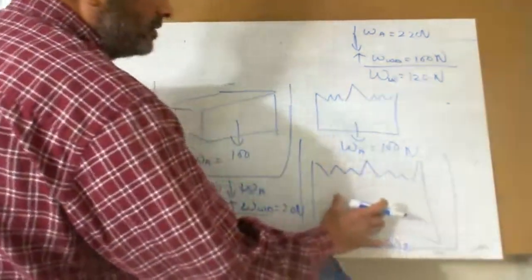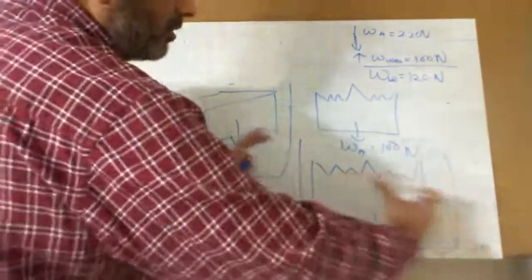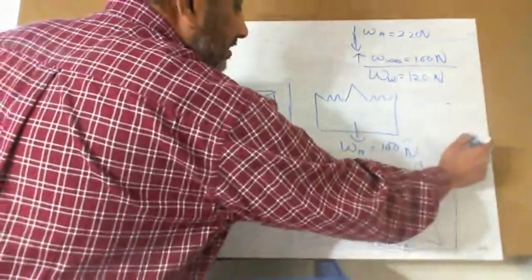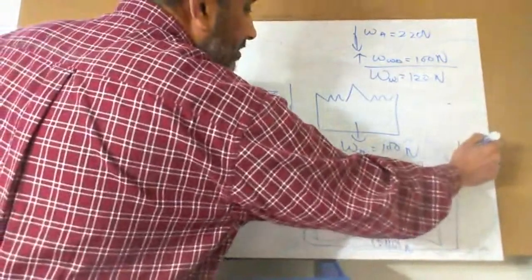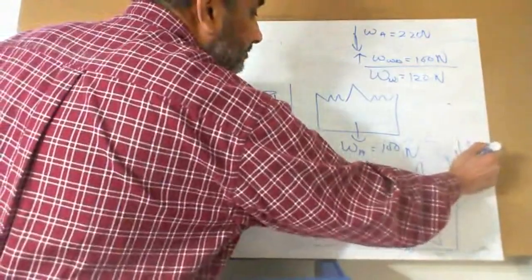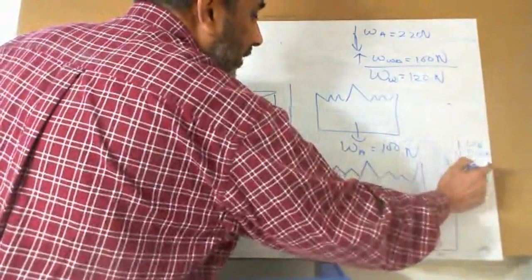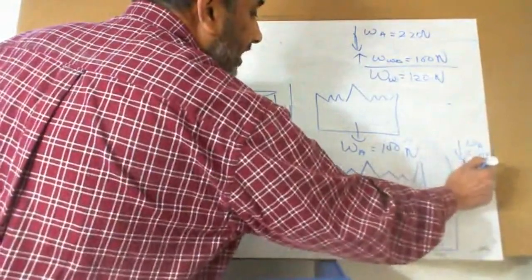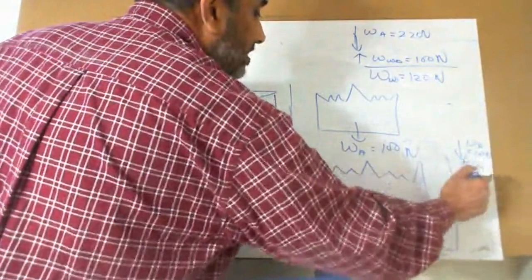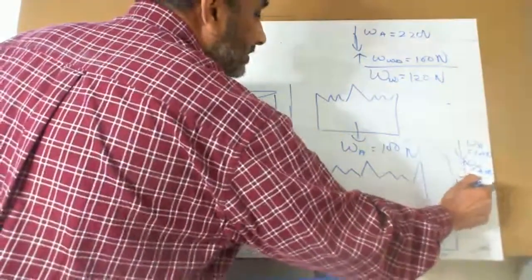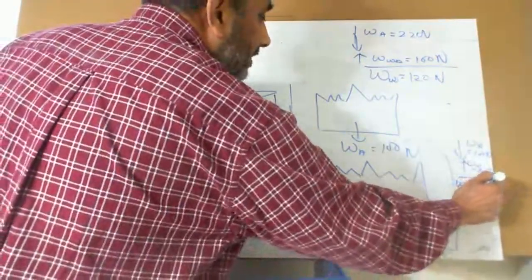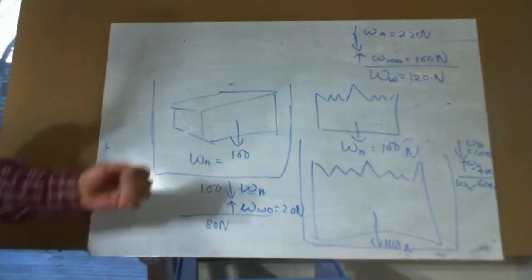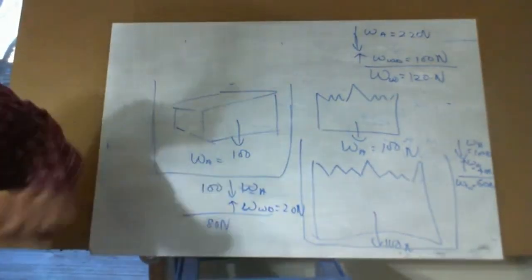Now it has more volume of water that it's pushed aside. So here the weight in air is 100 newtons, and the weight of the water displaced is now a lot more, 40 newtons. So what is the weight in water? The weight in water will now be 60 newtons compared to 80 newtons. So in the air, they both weigh 100 newtons.